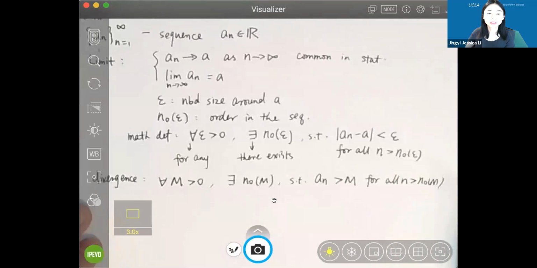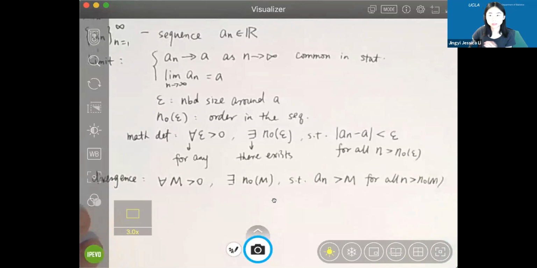That's what we mean by divergence. We can always increase our upper bound, and still, no matter how large the upper bound is, we can always find a later subsequence that's above it.